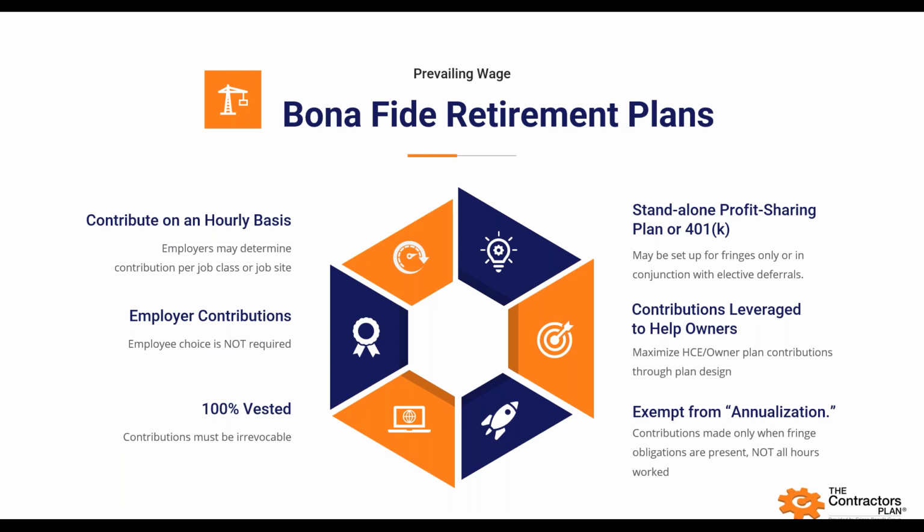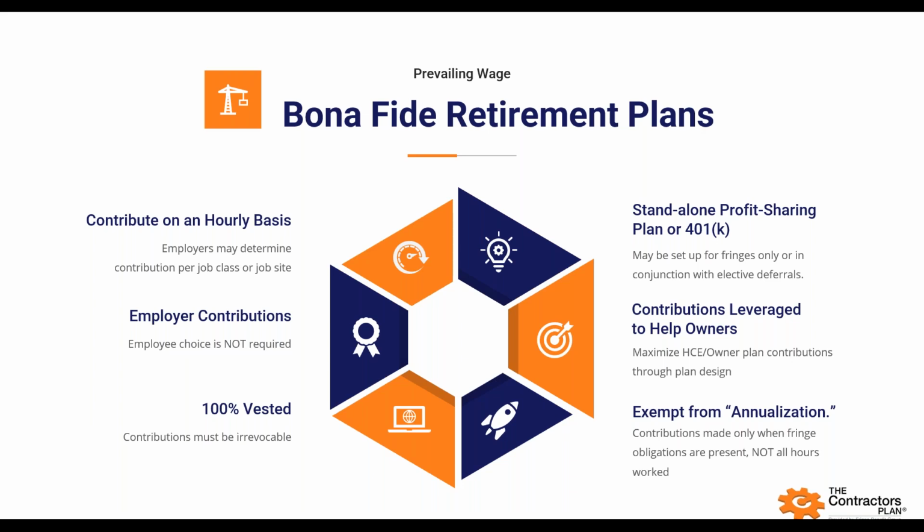To use a couple of examples, if you've got a school that has a fringe of $20 and you say, I want to give my employees half of the fringe in cash, so I'm going to give them $10 in cash and $10 in a retirement program, you can do that. You could also do it by job class. You could say electricians get $10 in cash, $10 in a retirement program. Laborers get all $15 of their fringe in a bona fide program. So you've got some flexibility there.